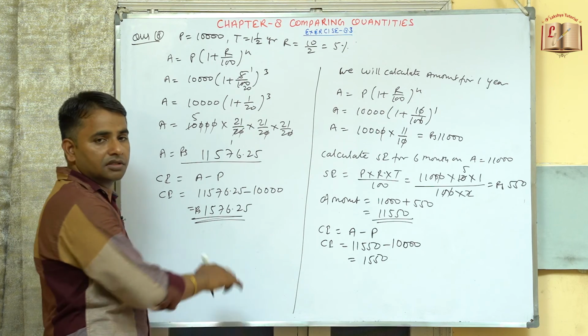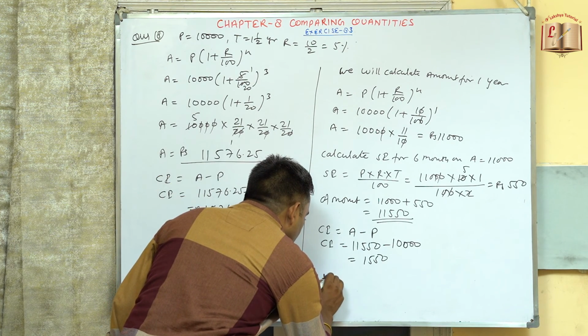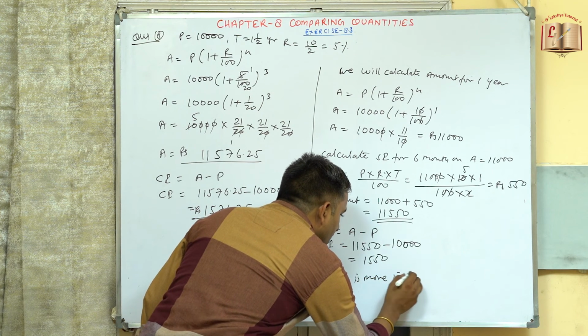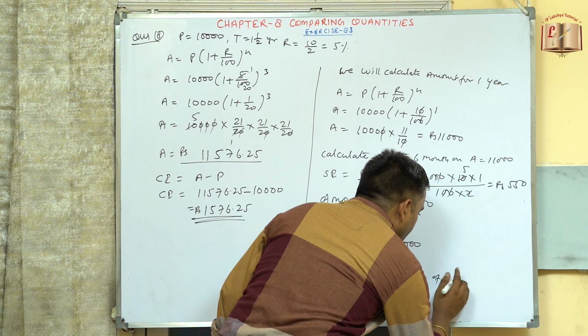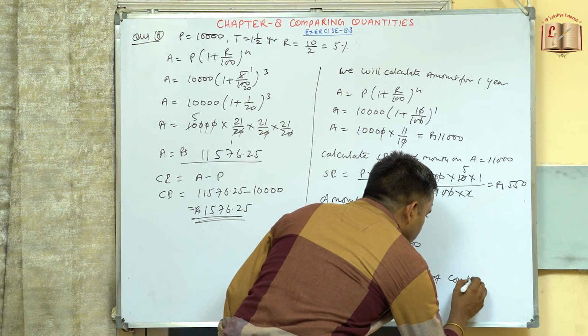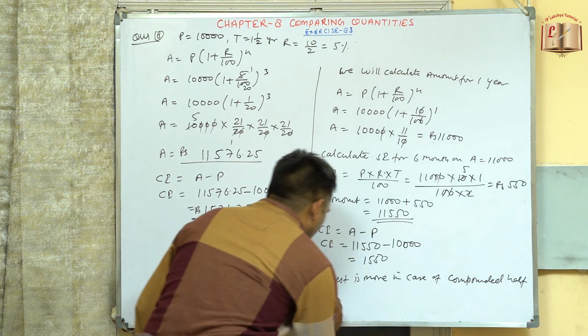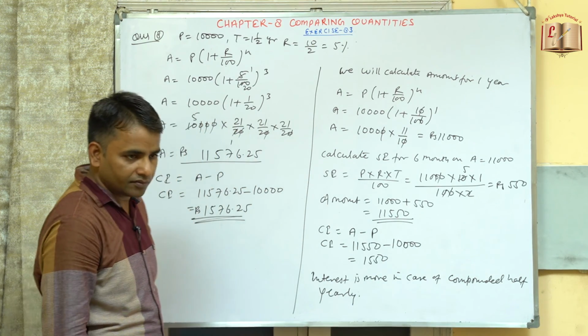So this is more. So we can say interest is more in case of compounded half yearly.